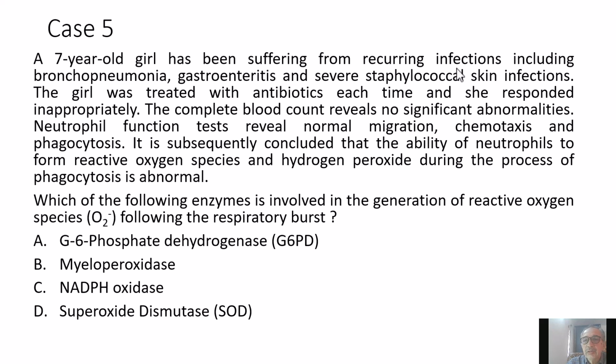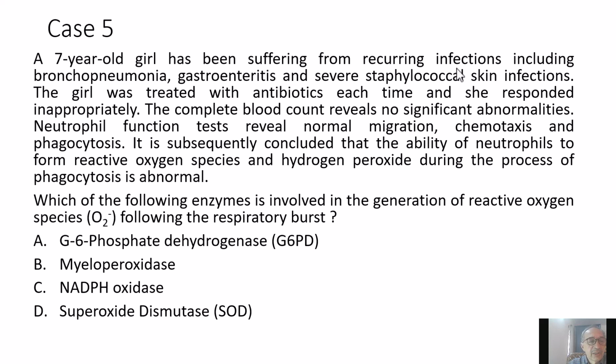Blood count reveals no significant abnormality. Neutrophil function tests reveal normal migration, chemotaxis, and phagocytosis. It was concluded that the ability of the neutrophils to form reactive oxygen species and hydrogen peroxide during the process of phagocytosis is abnormal.